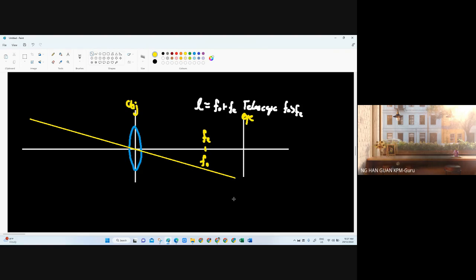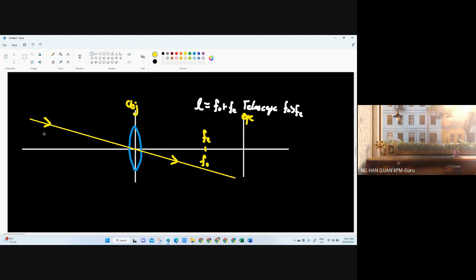Next, we need another parallel ray. We cannot draw the second line we learned yesterday, which is parallel with the principal axis and then goes to F, because we don't have the object shown in our diagram. Then what to do?